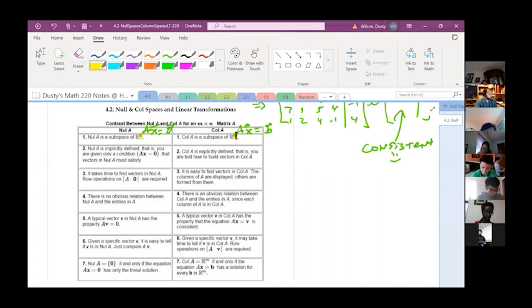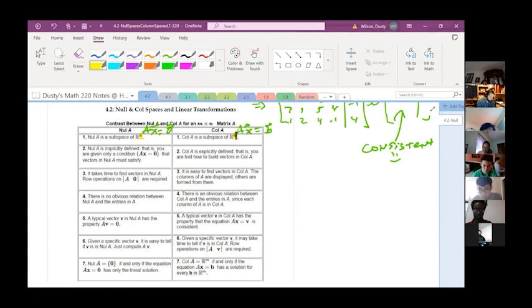Thank you, Kyle. For the third one: it takes time to find vectors in null A. Row operations on matrix A are required. And it is easy to find vectors in column A. The columns of A are displayed, as are vectors formed from them. Yeah, exactly. Thank you.